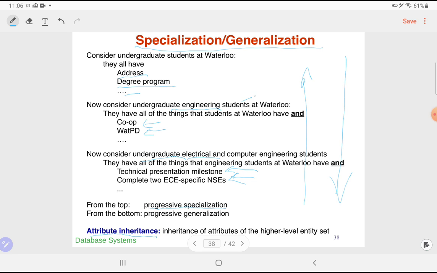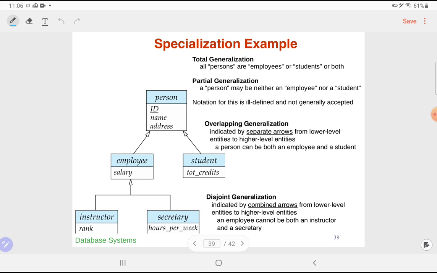So this is an entity set, engineering undergraduates. This is an entity set, undergraduates. The engineering undergraduates inherit every attribute that the undergraduates have. The ECE undergraduates inherit every attribute that the engineering undergraduates have. How do we illustrate this? Okay. 2 separate concepts.